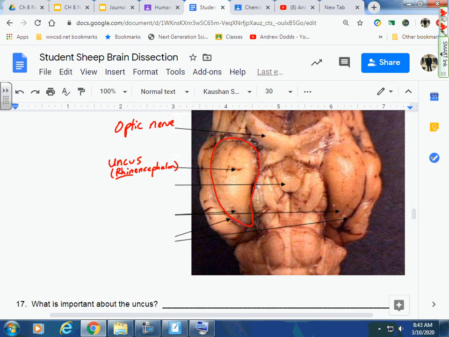All right, next we have, so this is underneath where the pituitary gland was, what they call the mammillary bodies. The next part they're pointing at, this area here, a slightly raised portion, is the hippocampal gyri.